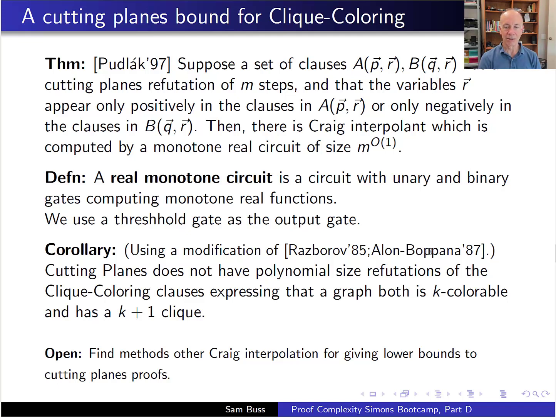In fact, it needs exponential size refutations for the clique coloring clauses, expressing that a graph is both k-colorable and has a k+1 clique for appropriate values of k.